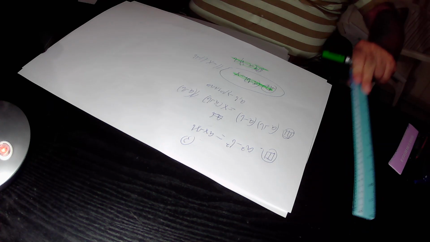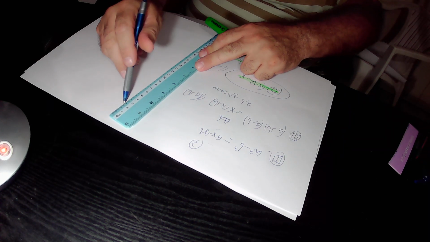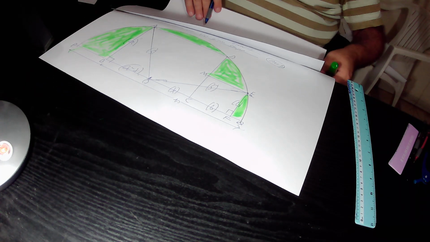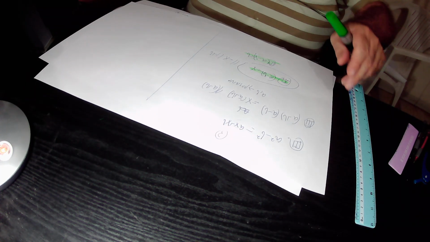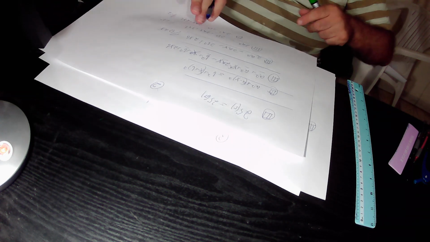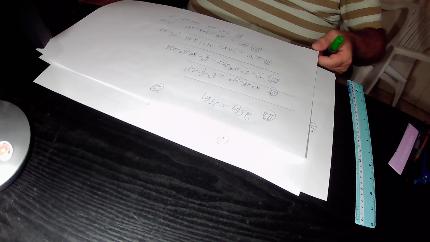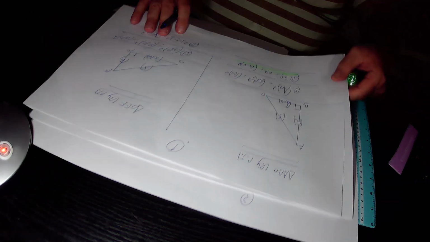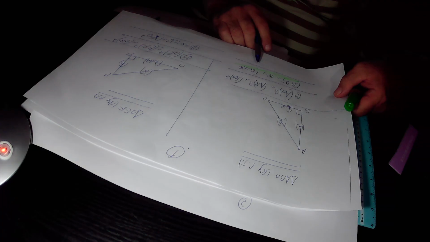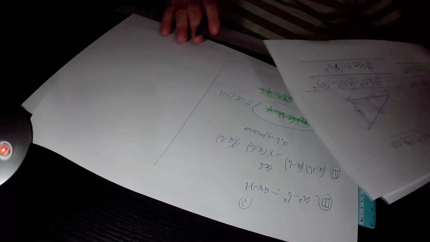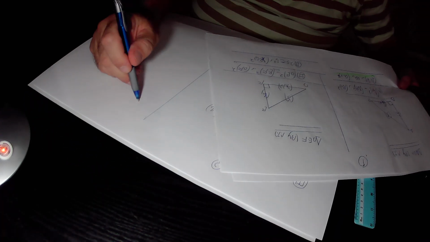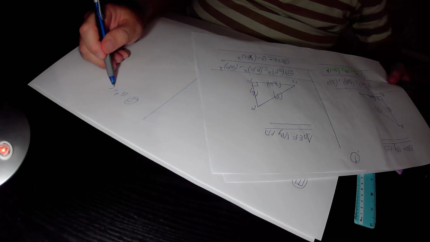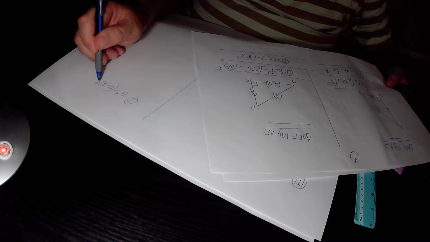According to equation 1, we already found out that a squared plus (a minus x) squared equals 25.